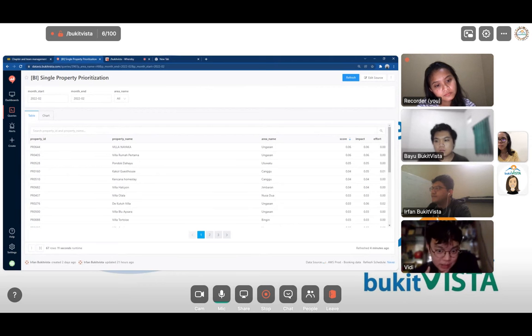My question is this actually. Is it possible for a property with a high availability or low occupancy to have a high score with this calculation? The impact is counted by revenue. Possible. Okay, I think it's possible.